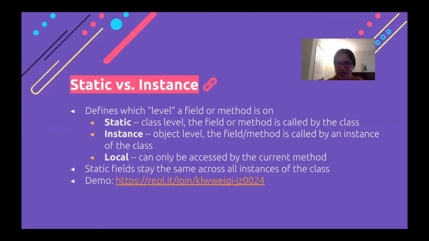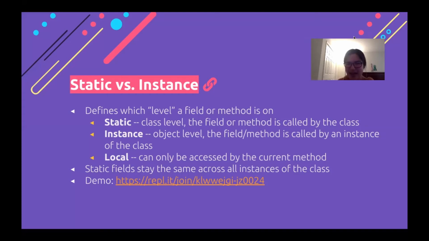The other is the instance level, which is the object level. This means the field or method belongs to the instance, an object that's an instance of the class. This will be clearer once we get into a demo.